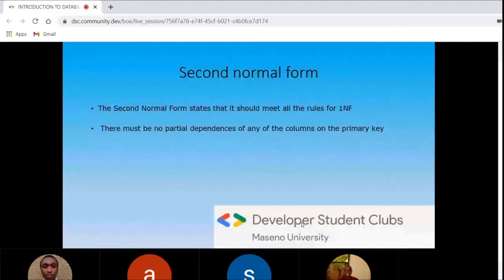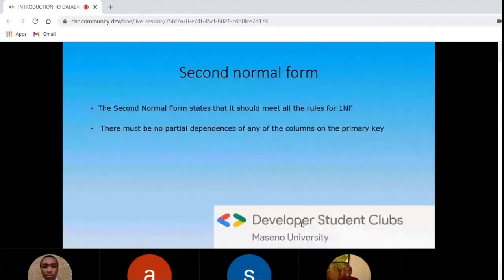This might sound a bit technical, because someone might ask, what do you mean partial dependencies of any of the columns on the primary key? Okay, let me give an example.